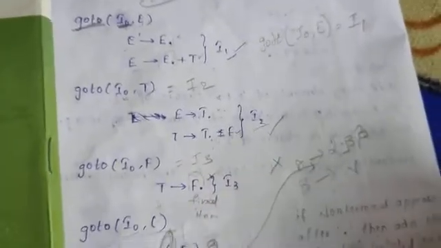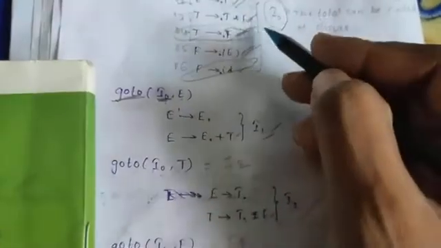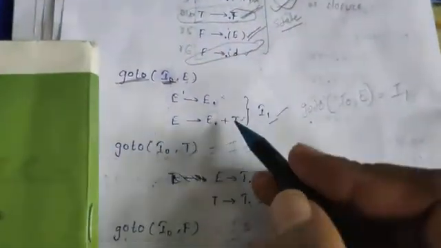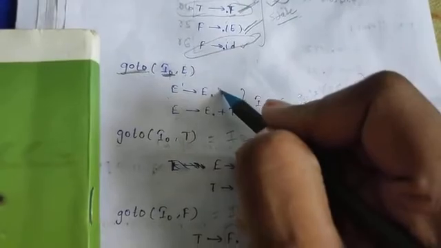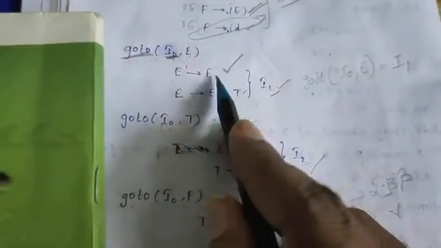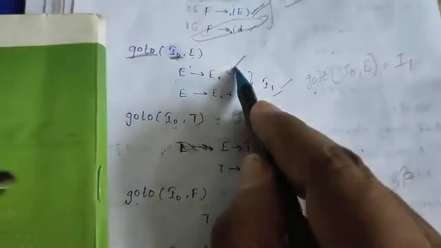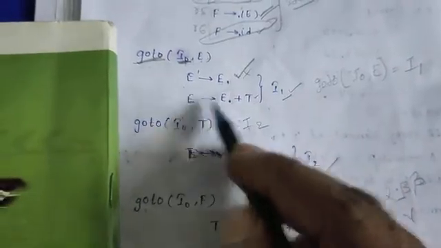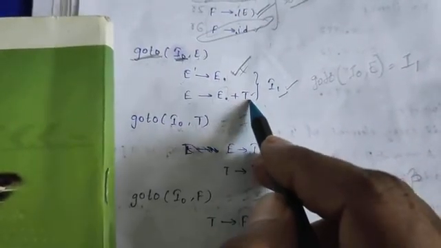So now I0 is totally completed. Then we go for I1. In I1, the first element has the dot at the end of the production, so no need to do that one. Then here the dot is not at the end of this production, so we need to do the same thing for this production in I0.